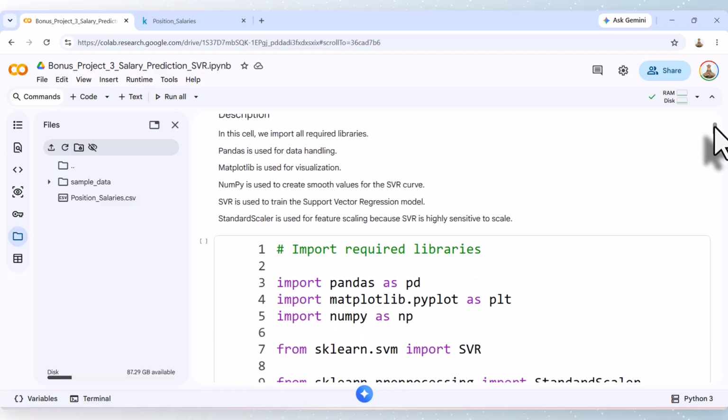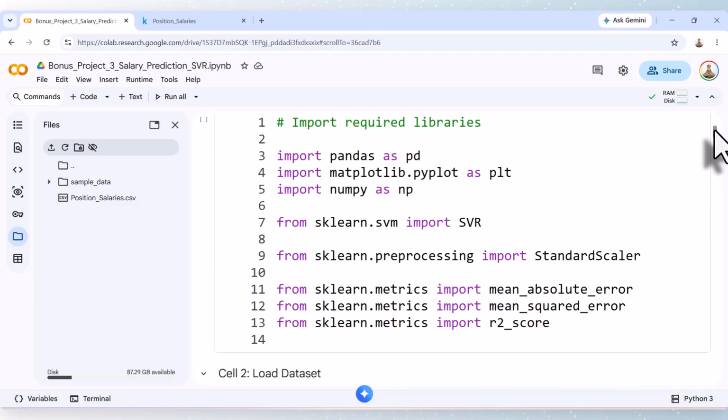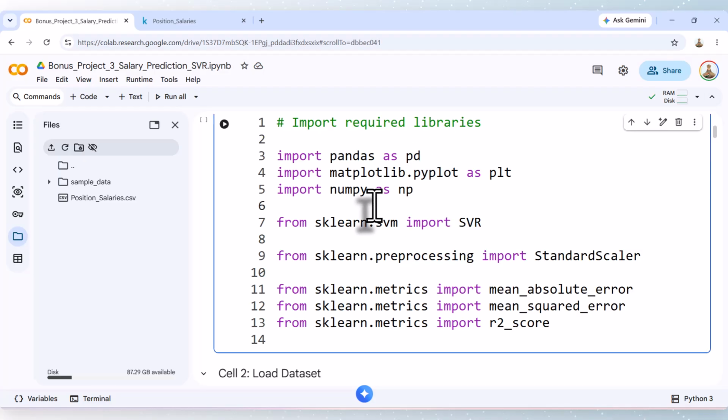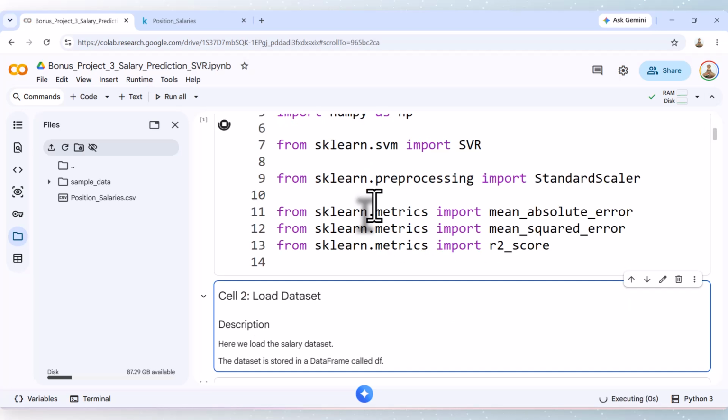Coming to the execution process, first the cell which is available here is for importing all the required Python libraries. So we use pandas for loading and handling the dataset, and we use matplotlib for creating charts and visualizations, and we use numpy to generate numerical vectors and to perform some kind of smoothing.